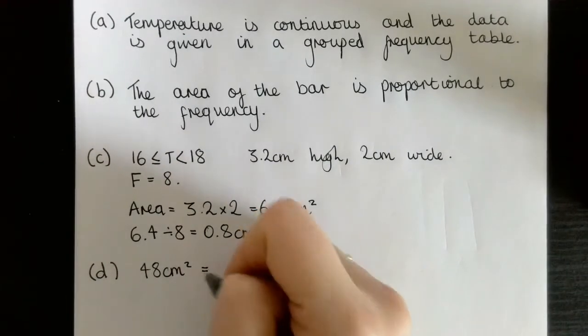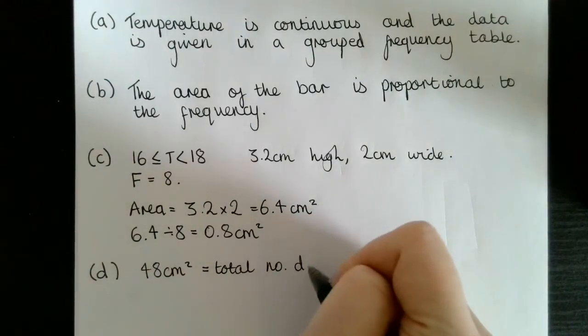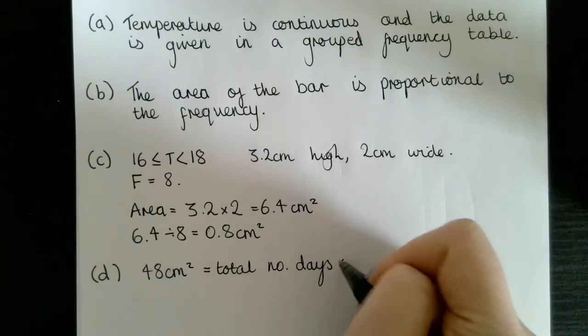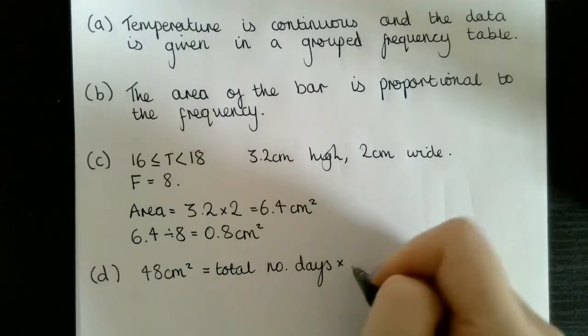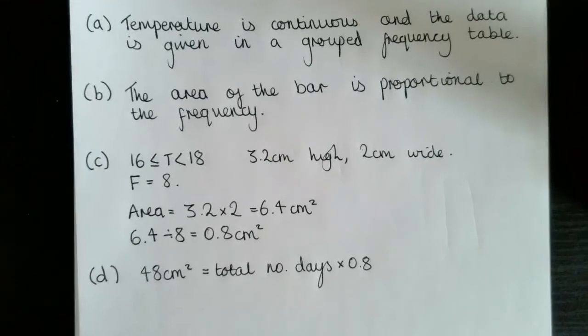So the total number of days times by that 0.8 is equal to the total area in the histogram.